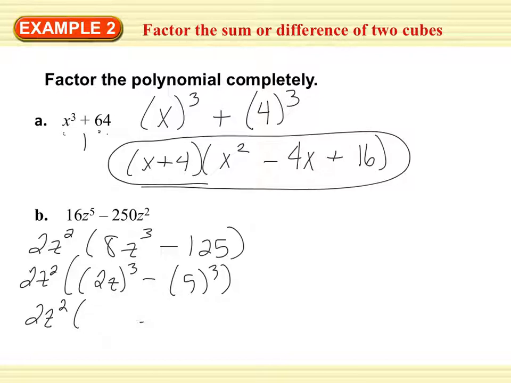Let's try again. It's just a minus b. 2z minus 5. And then we have a squared, 2 times 5 is 10, and then 5 squared. Whew, sorry, too many mistakes in that one.